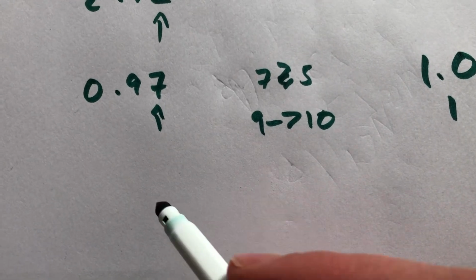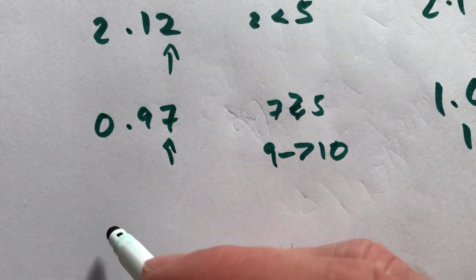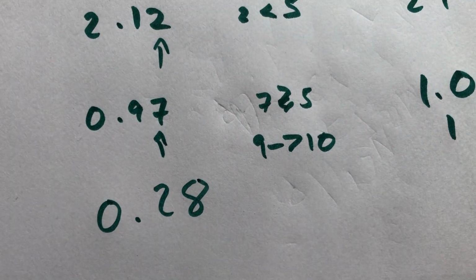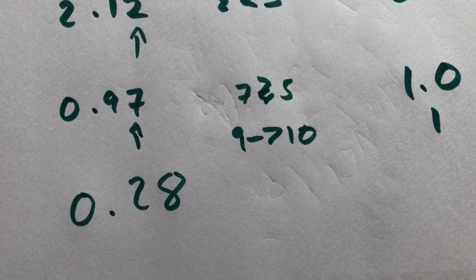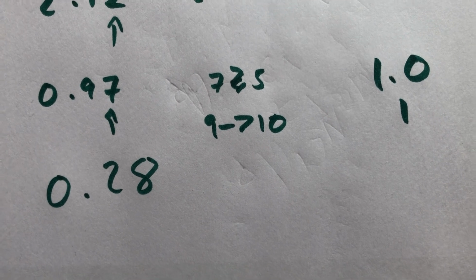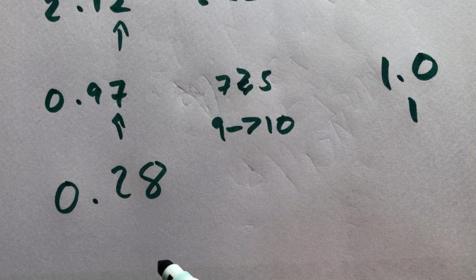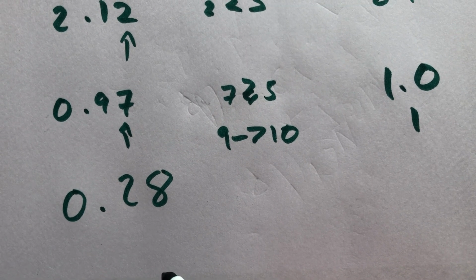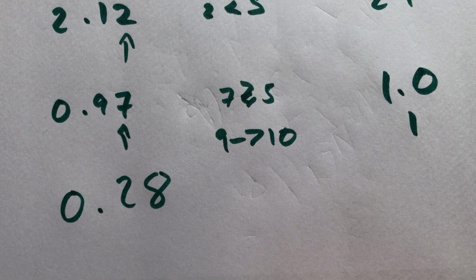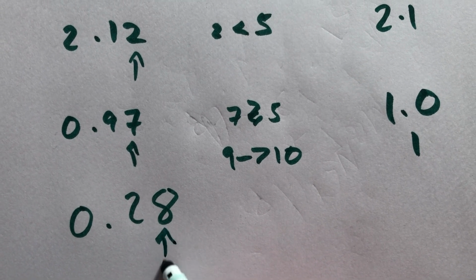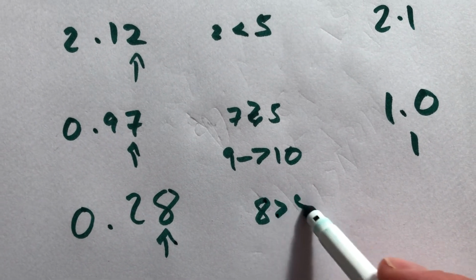One more for today's lesson. It's 0.28. And what do I do there? Just because it's smaller than our above question does not mean we have to round it up or down. The 2 will either be changing or keeping, and the 8 we'll be looking at. 8 is more than 5, so we know to make it bigger.